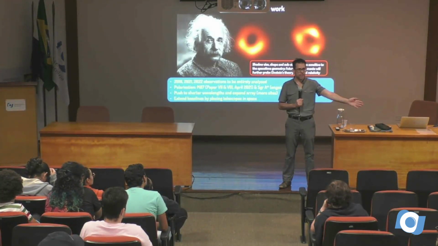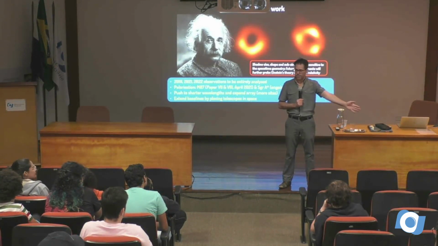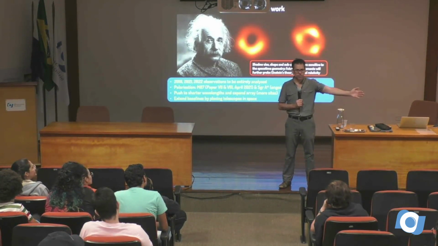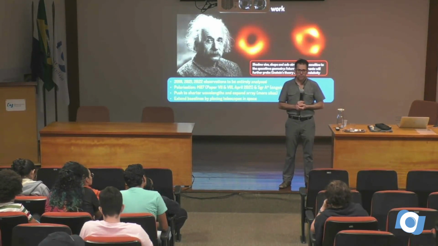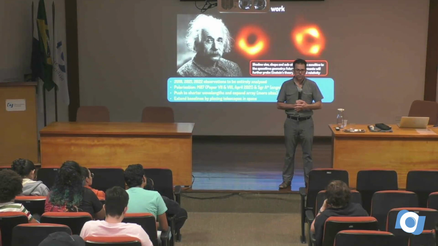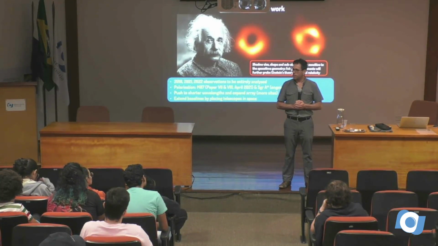Now we have some kind of gap between 4 million solar mass black holes and 6.5 billion solar mass black holes. M87 is one of the biggest black holes in the universe. So we need to sample the range, but for stellar mass black holes, we will have to use gravitational wave detectors, and there will be a bright future with the Einstein Telescope.